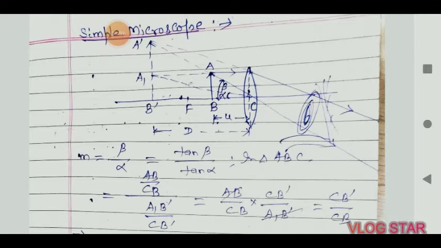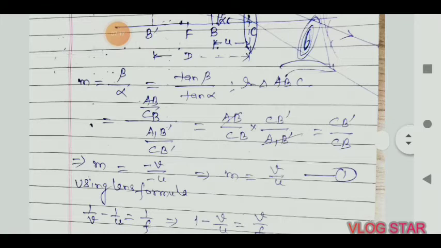You know that when the object is at the focal length, then the image will form at infinity. So the object will be just before the focal length, so its distance will be taken as equal to f.